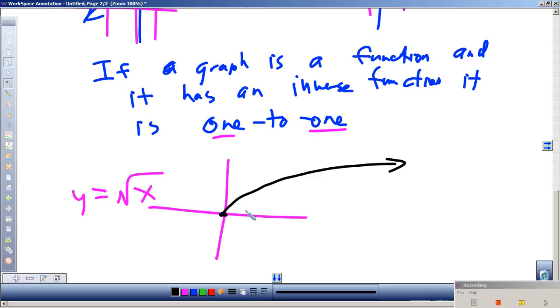So does it pass the vertical line test? Does it pass the horizontal line test? Yeah, so this one would be an exception to that. So basically graphs that have an end point would be exceptions. But otherwise, you're right. If it has an absolute maximum and it doesn't have an end point, then yes, you would be right.